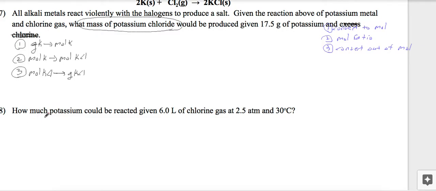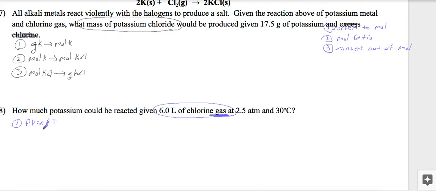Finally, the last question, how much potassium would be reacted if 6 liters of chlorine gas was used at 2.5 atmospheres and 30 degrees Celsius? So again, this is from the first problem. I have 6 liters of a gas. That tells me I have to use the ideal gas law to get moles.